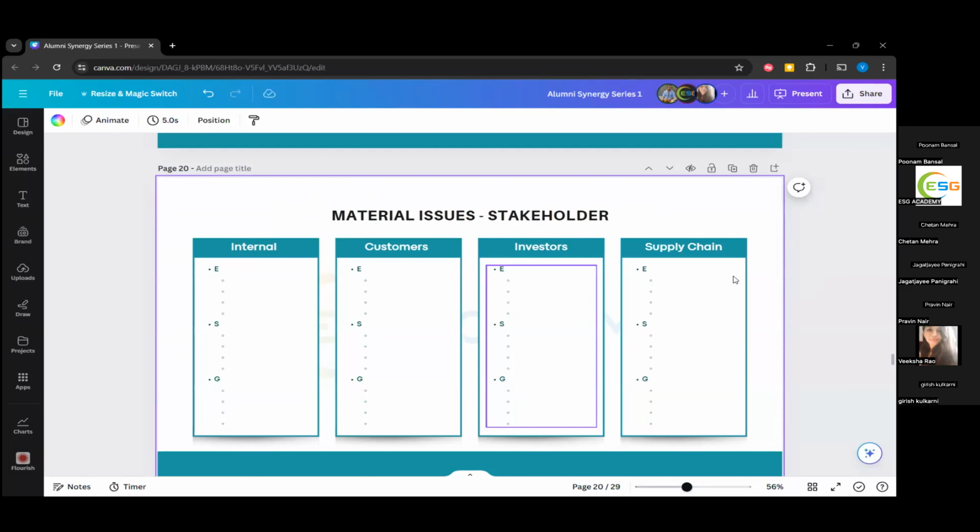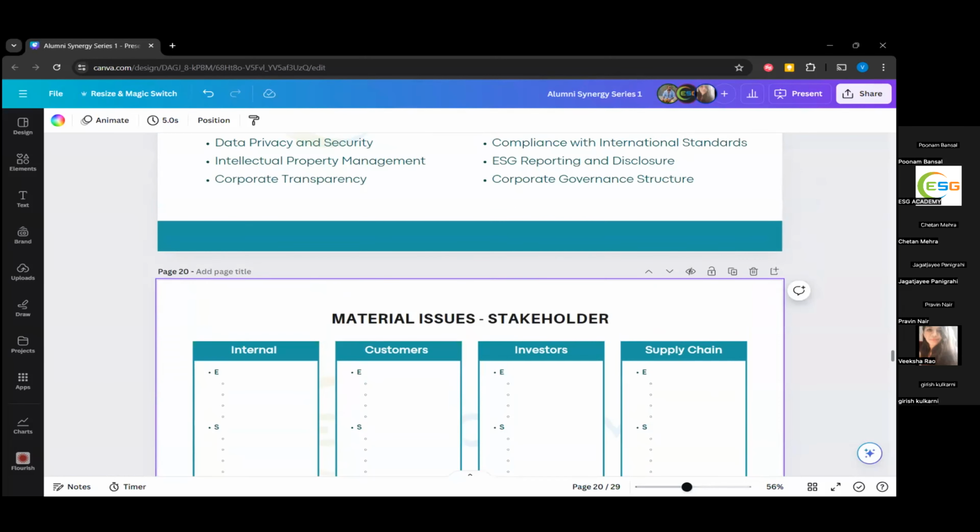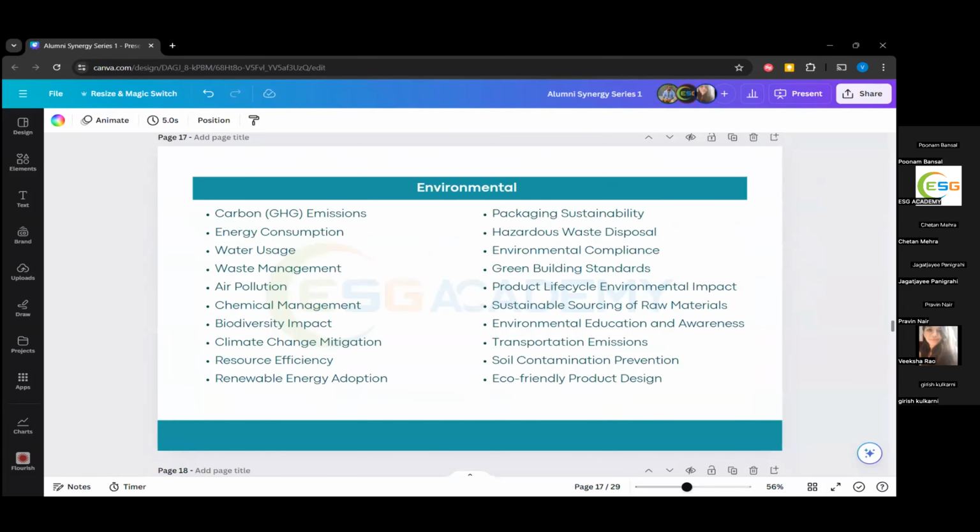I hope you all have the document which I shared. So if anybody wants to open the discussion for environment.